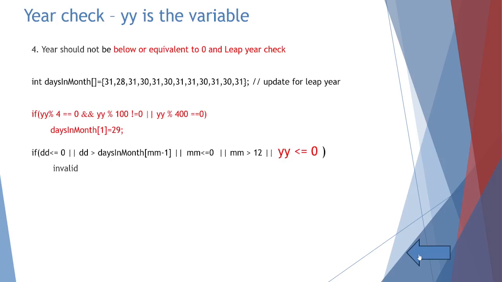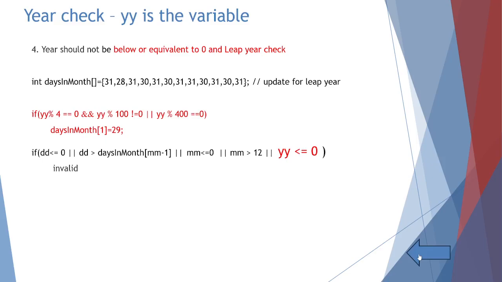Then fourth point, year should not be below or equivalent to 0 and the leap year check. So we are updating for leap year. Leap year program I have already discussed. What are the conditions? Year can be divisible by 4, but year should not be divisible by 100. Every century year is not a leap year, but every 400 years it is a leap year.